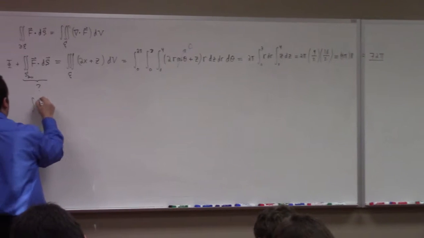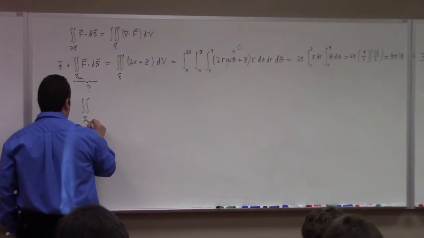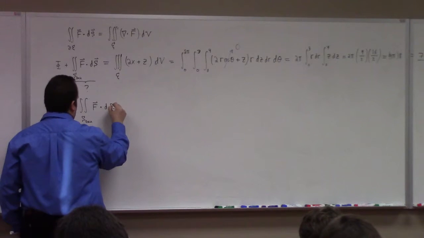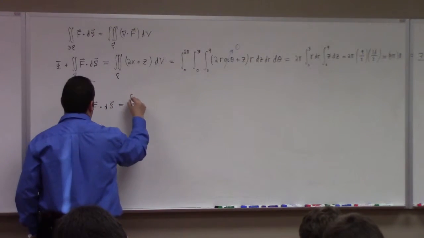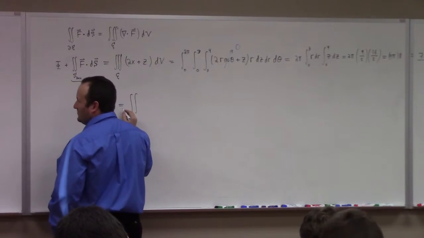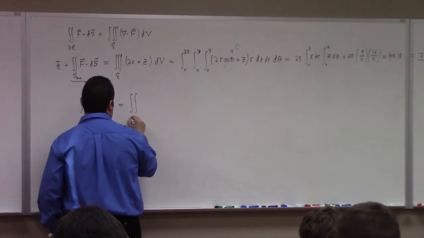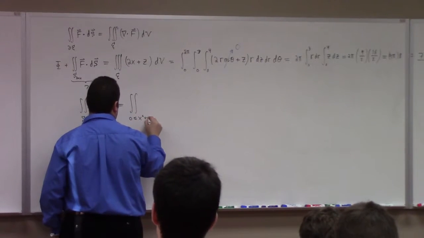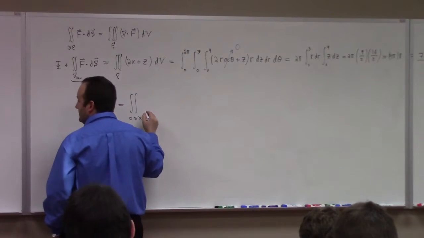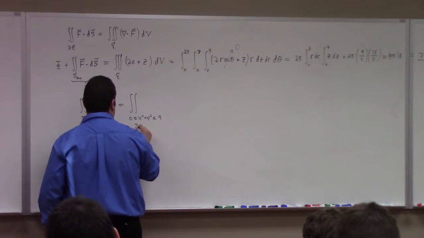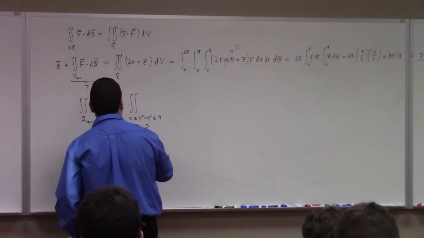The integral over the base. So that's the integral. Again, the region there is, let's say, 0 less than or equal to x squared plus y squared less than or equal to 9. And we have set z equal to what there? Z is equal to 0.